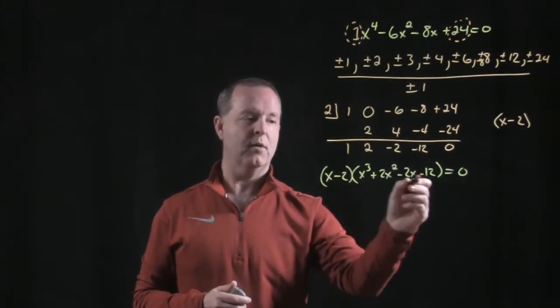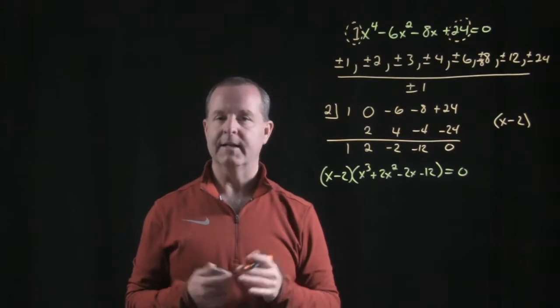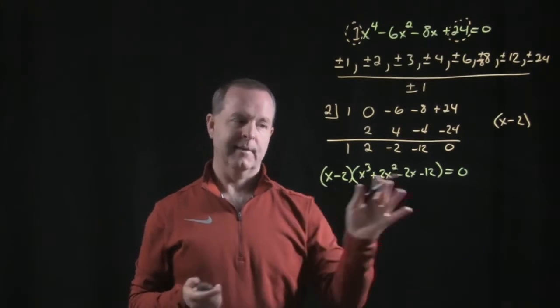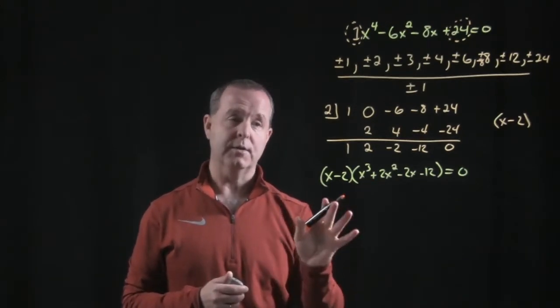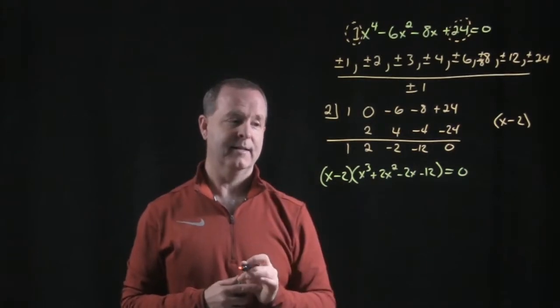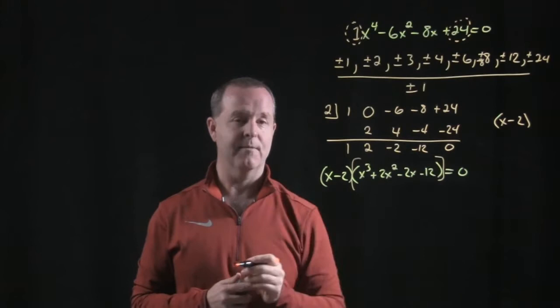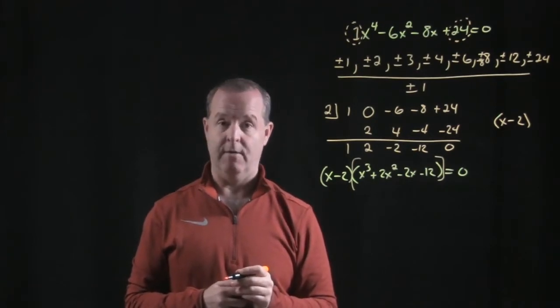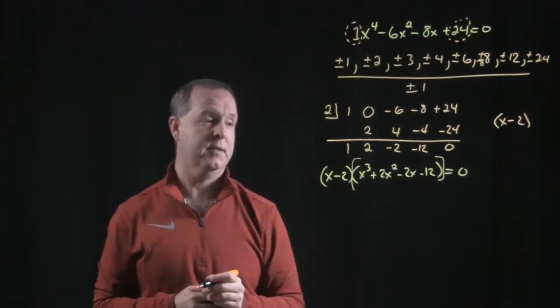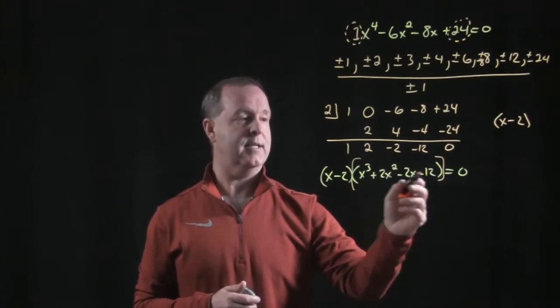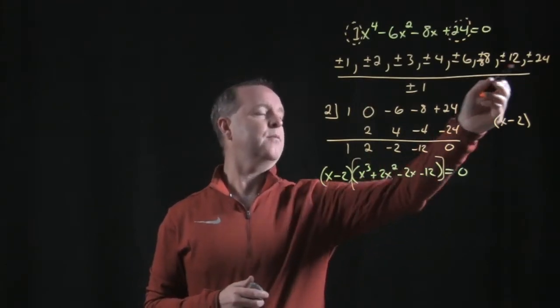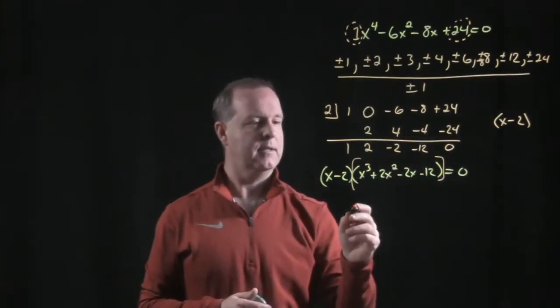Notice then that my resulting group of terms there is now a third degree. It doesn't factor, so I'll go through this process again. I want to look at this one right now and narrow its search down for possible rational zeros. So let's go through.